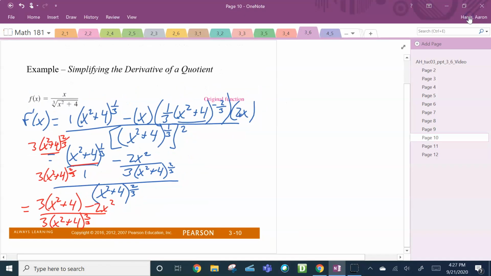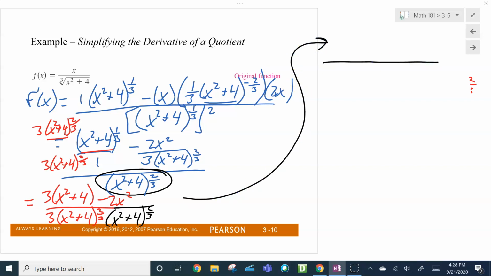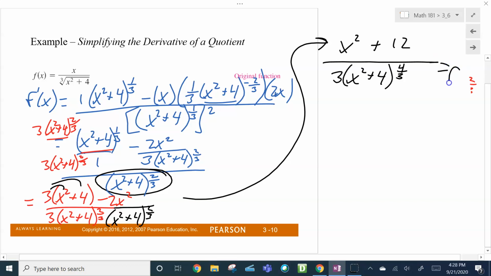And then this is all over that x squared plus 4 to the 2/3, which is over 1, meaning keep, change, flip, so that'll become right there. So x squared plus 4 to the 2/3 times x squared plus 4 to the 2/3 leaves us with our denominator being x squared plus 4 to the 4/3. And then I'm going to distribute this, so 3x squared minus 2x squared, I just got an x squared plus 12 in my numerator, and this is all equal to f prime of x.